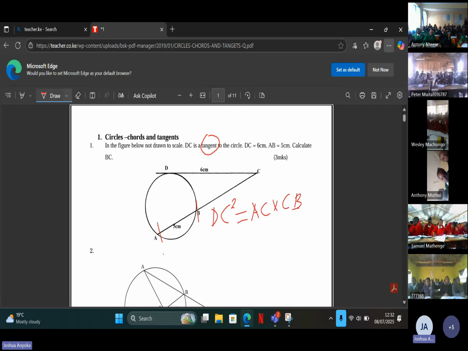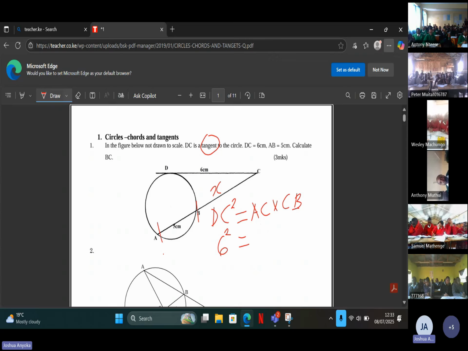Once you recognize the type of intersection, you are expected to write that relationship, and then you substitute what you know. We know that DC is 6 centimeters, so you say 6 squared is equal to... we are asked to find BC, so let BC be X. Then we substitute what we know.